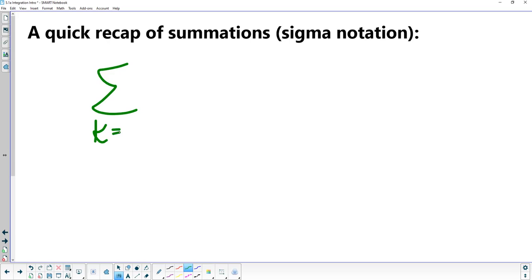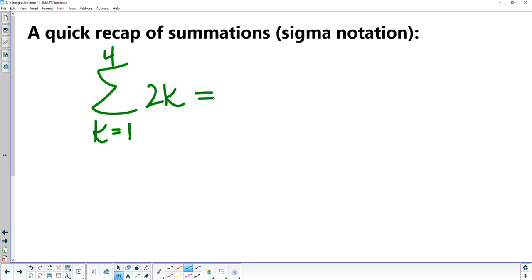And you can start at any counting or natural number. Often we start at 1. And then here's where you end. For this example, I'll end at 4. If I had the sum from k equals 1 to 4 of 2k, what this means is I would start with 1, plug it in for k, and then add every single term after that, plugging in the integers between 1 and 4 inclusive.